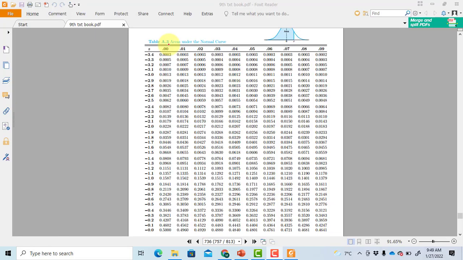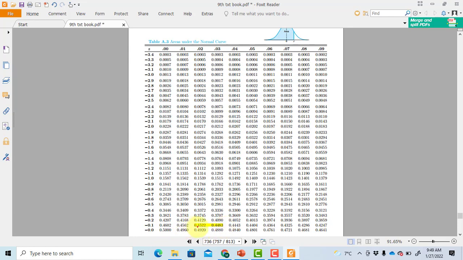I have opened the area under normal curve table, table A.3. The book I am following is Probability and Statistics for Engineers and Scientists. So you will have to check the 0.45 probability. The 0.45 probability lies between these two values, minus 1.2 and minus 1.3.